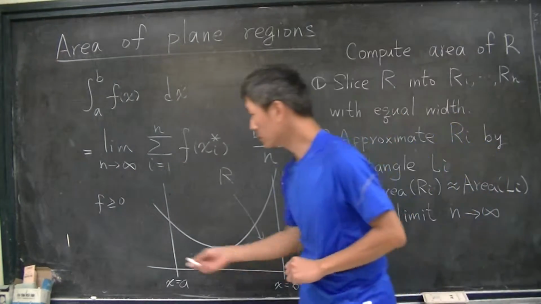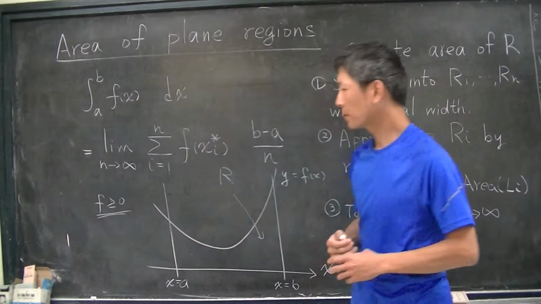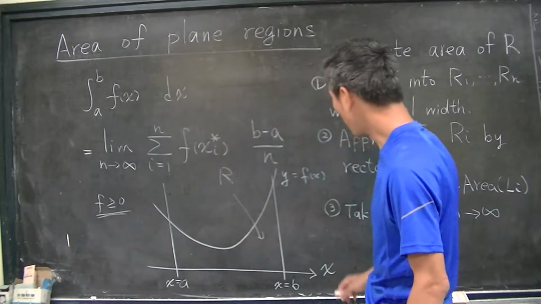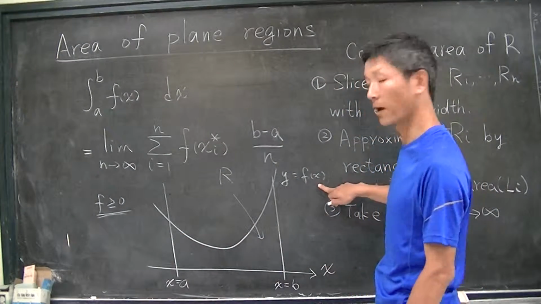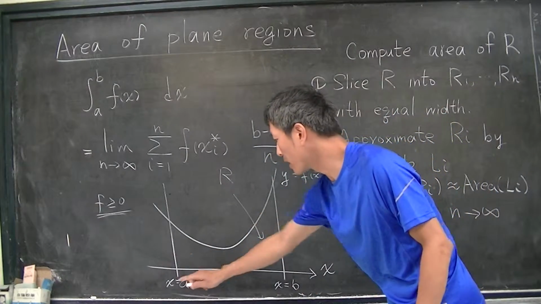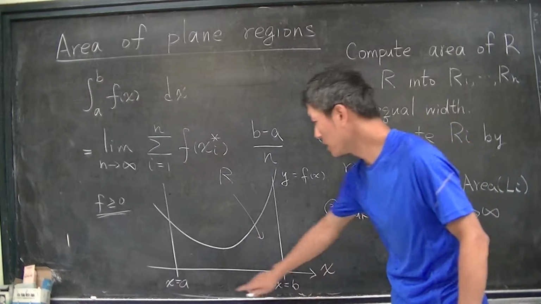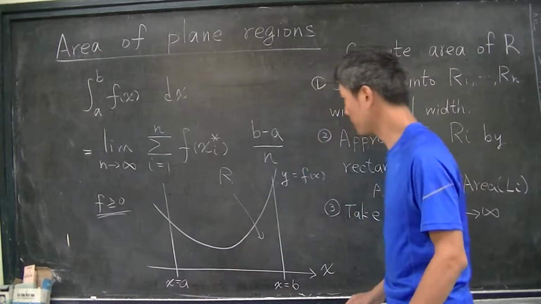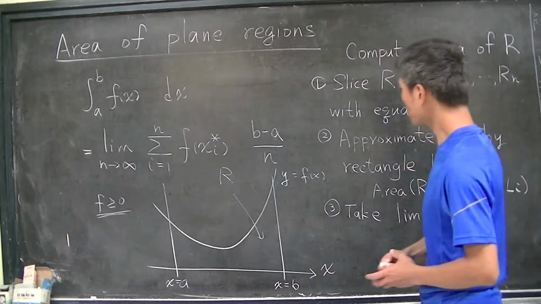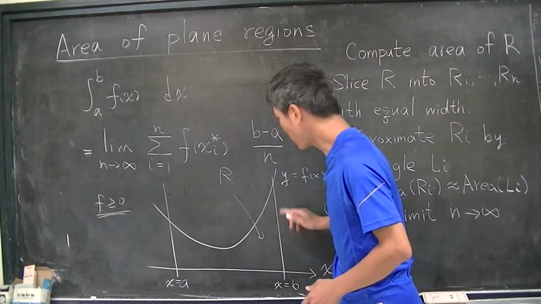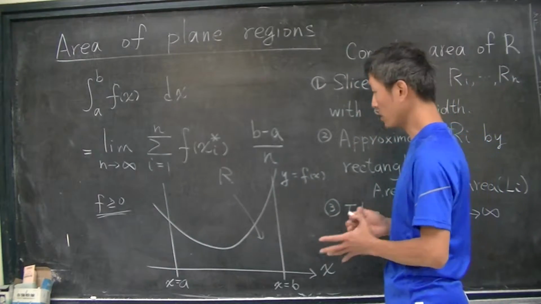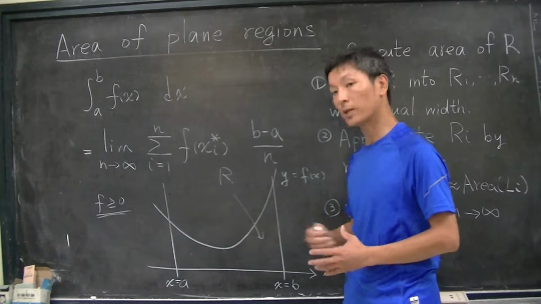If we assume f is always positive or 0, and we consider this region bounded by the graph of f, the x-axis, and these two vertical lines, x equals b and x equals a, then we call this region R. If we want to compute the area of R, because the shape of R is irregular, we don't have a good formula to compute it.